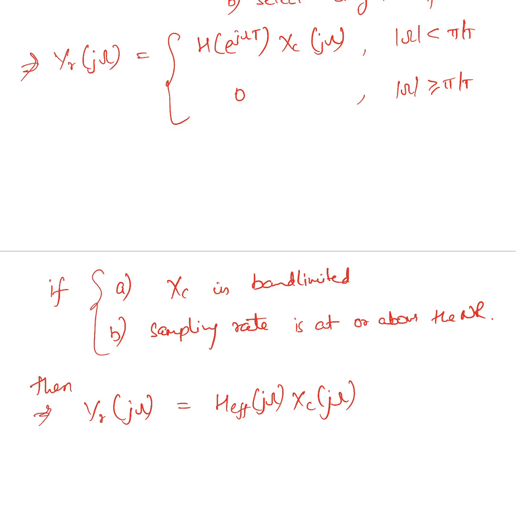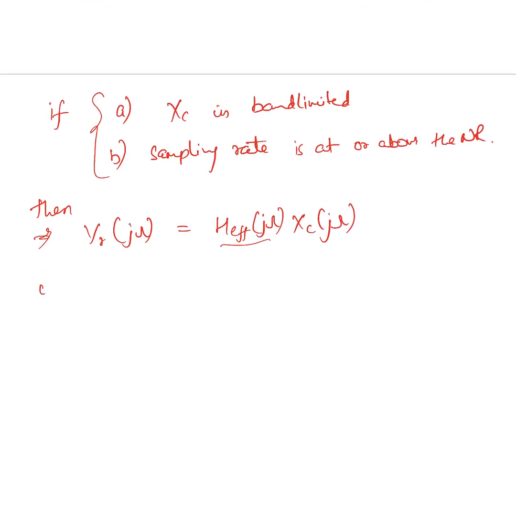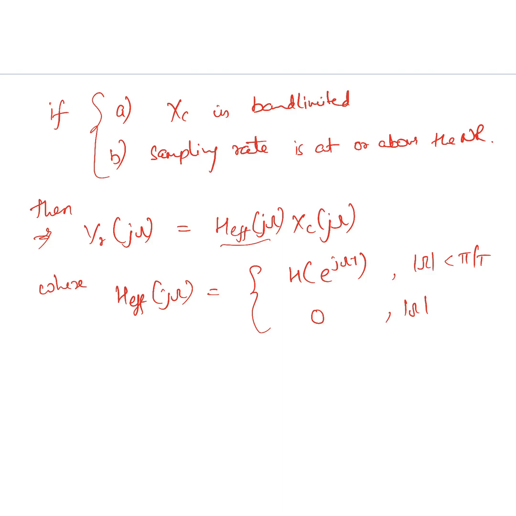Okay, so I have simplified this expression to this one under these two assumptions, and introduced another notation as some effective frequency response. This effective response is where you have H effective of j omega equal to H of e to the power j omega T for again mod omega less than pi by T, and 0 when you have mod omega greater than or equal to pi by T. Okay, so what does it imply?